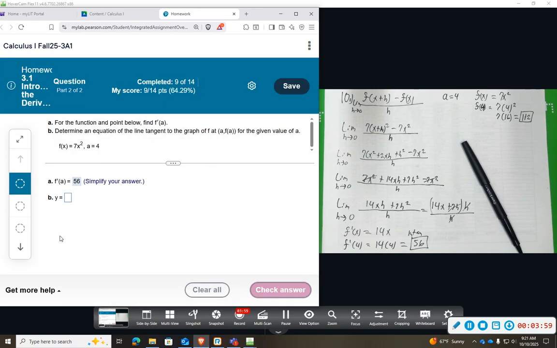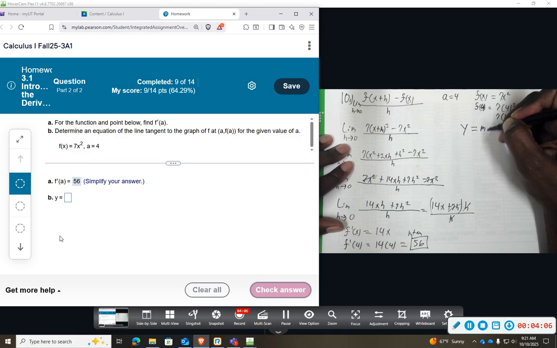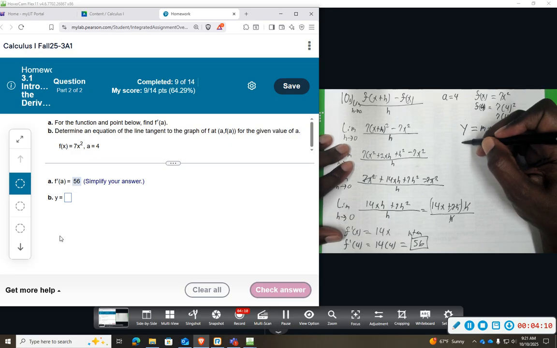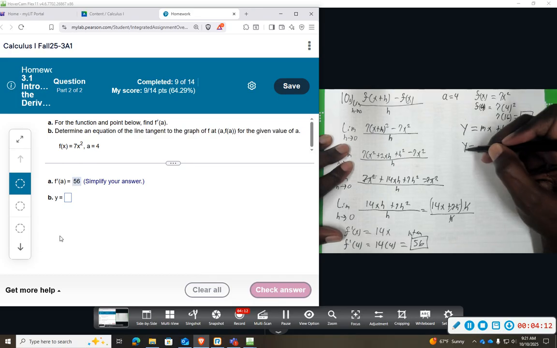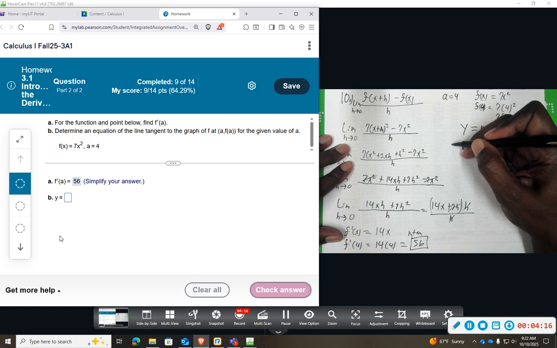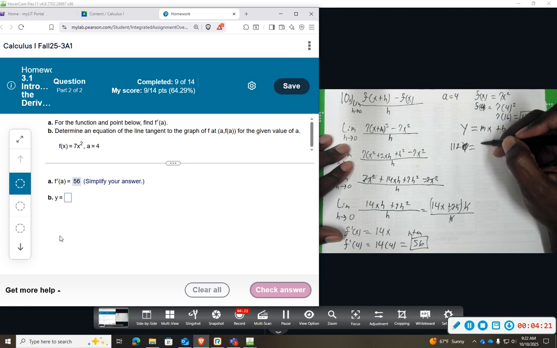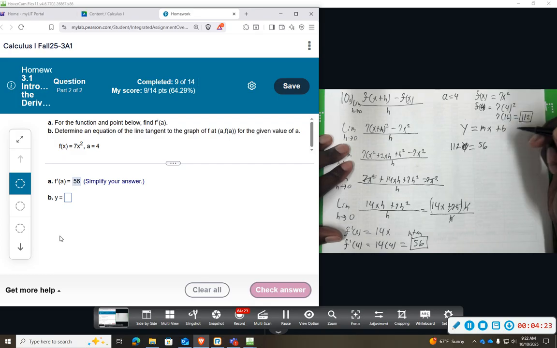And then once we have the slope, we will write the equation of the tangent line, y equals mx plus b. Needs slope and intercept. We have the slope. I'm going to plug in the x and y value. So 112 was the y value. 112 equals the slope of 56 times the x value of 4 plus b.